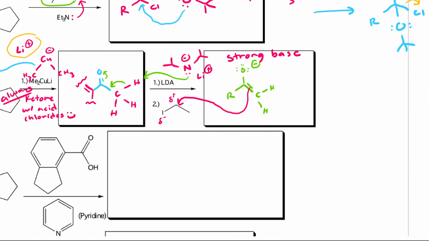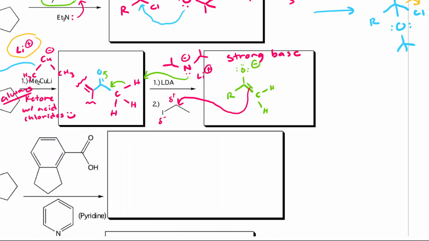The partial positive charge makes it kind of electrophilic, so then the nucleophilic alkene can attack that specific carbon. And because this carbon at the edge doesn't have anything electronegative attached to it, it's pretty neutral.